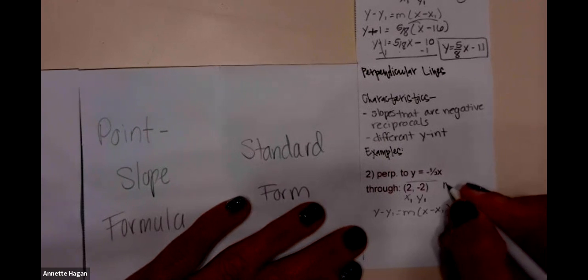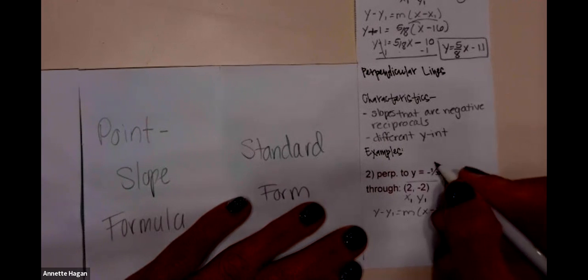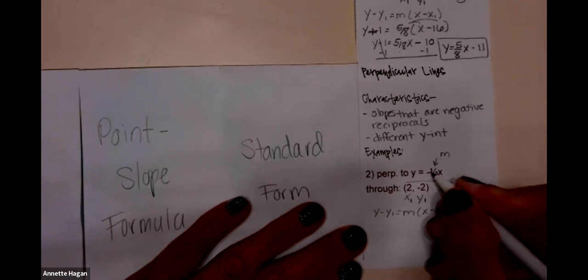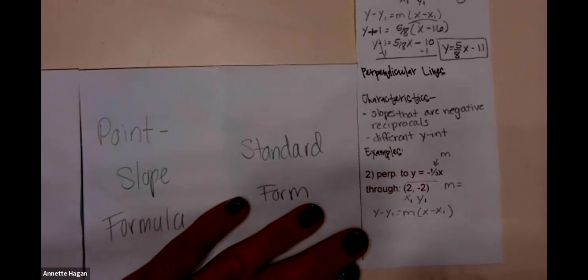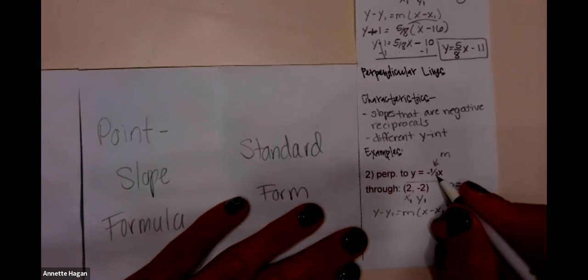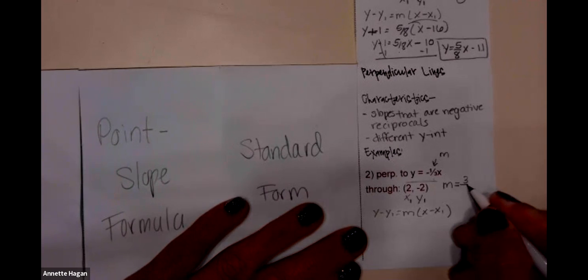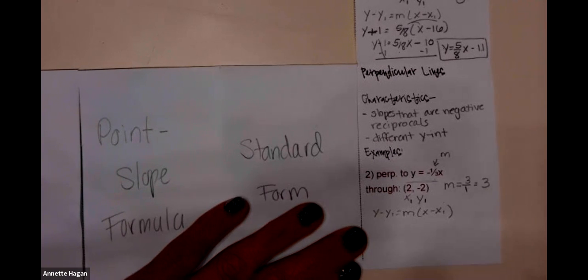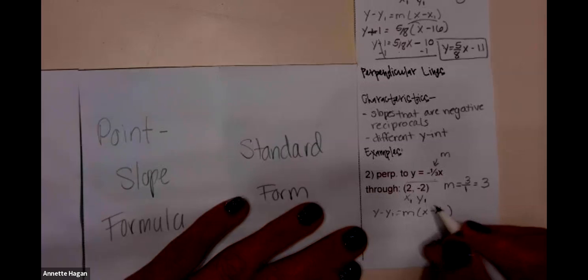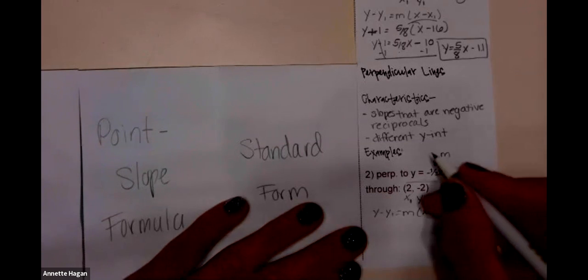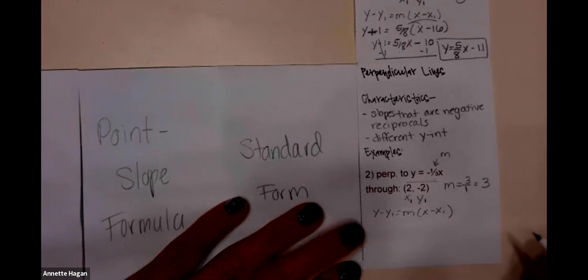So what is my slope going to be? Well, the slope of this line is negative 1/3. So the negative reciprocal of that is positive 3/1, which simplifies to just 3. So my slope is 3 because that's the negative reciprocal of negative 1/3.